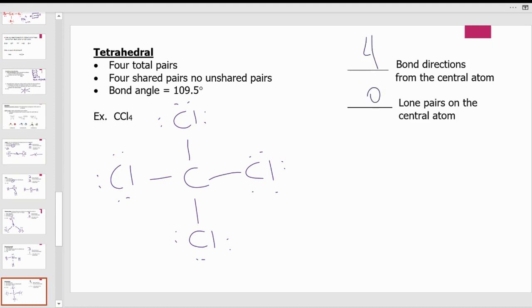No. So it's 4 directions, no extra pairs. On the 2-dimensional screen, what are the bond angles? 90s. But these aren't 2-dimensional objects. These are 3-dimensional objects. And when it spreads out into 3D, that angle's 109. Okay? I think memorizing the angles is annoying, but also kind of required.